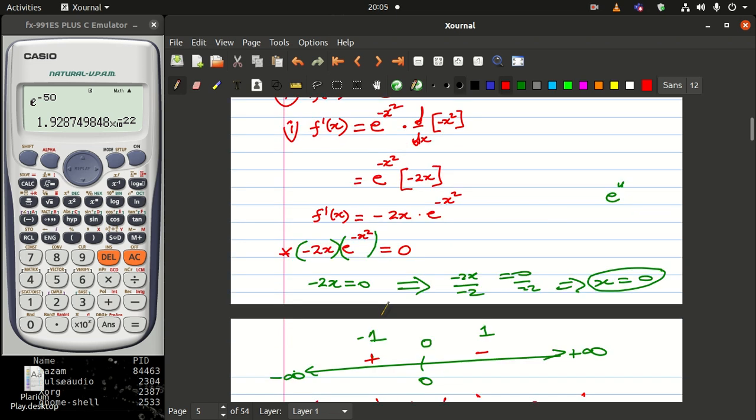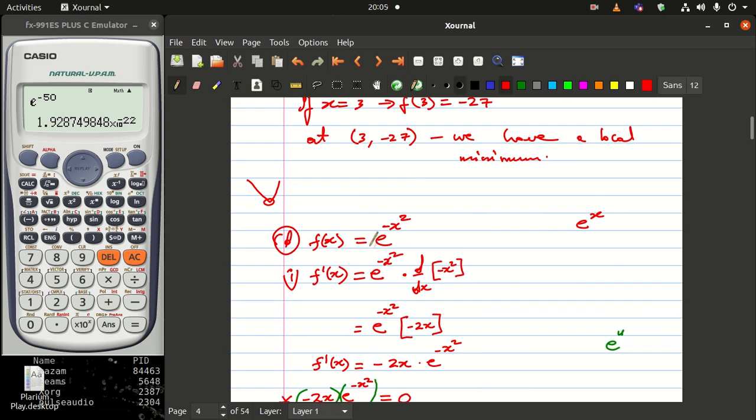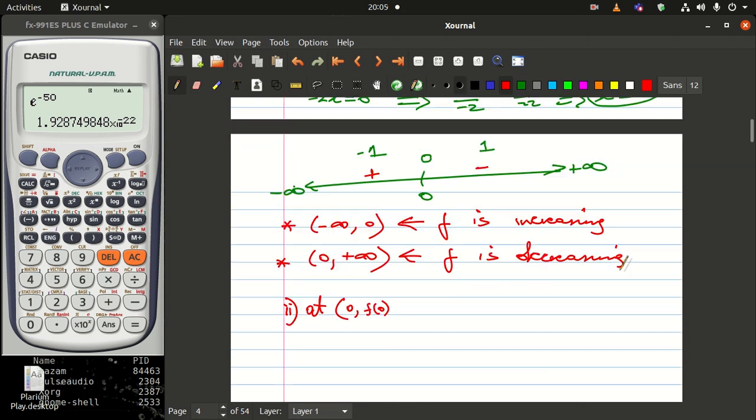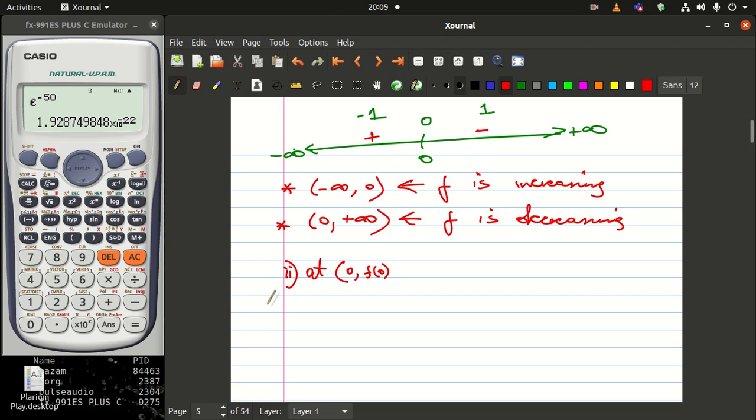So if we go to our original function, remember that f of x was equal to e raised to minus x squared. If I plug in a 0, I will get e raised to minus 0 squared, which is the same as e raised to 0. So e raised to 0 is just a 1, so we have a 1 here.